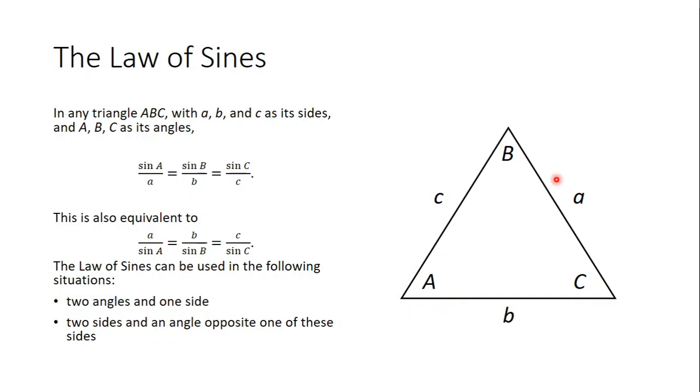The three ratios of a side and the sine of the opposite angle to that side are proportional. The law of sines can be used in the following situations: two angles and one side are given, or two sides and an angle opposite one of these sides are given. Let's have an example.